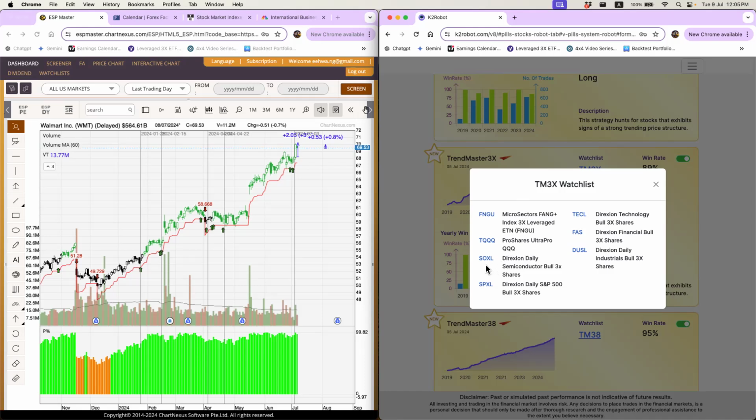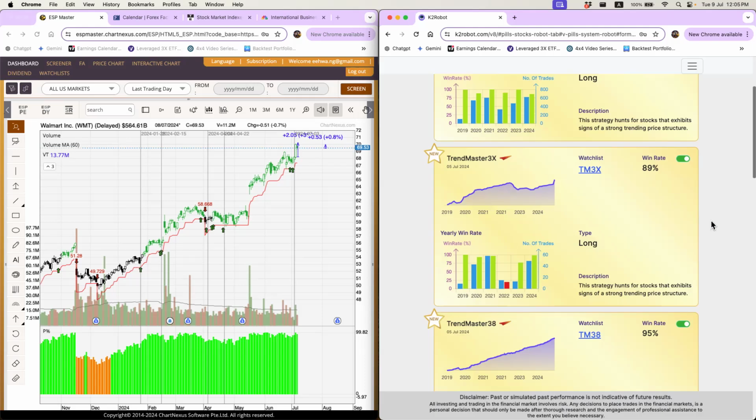You have the semiconductor ETF. You have the S&P ETF. Okay, you have the technology shares ETF, and you have the financial shares ETF and the industrial shares ETFs.